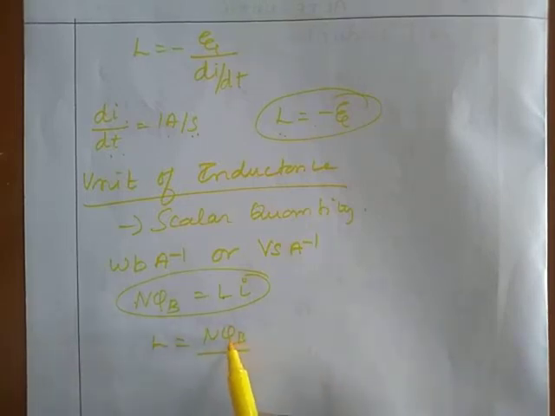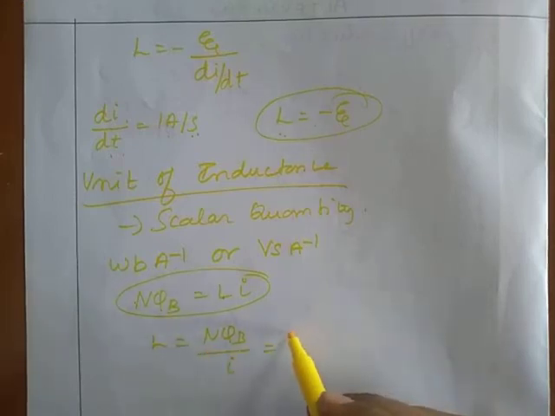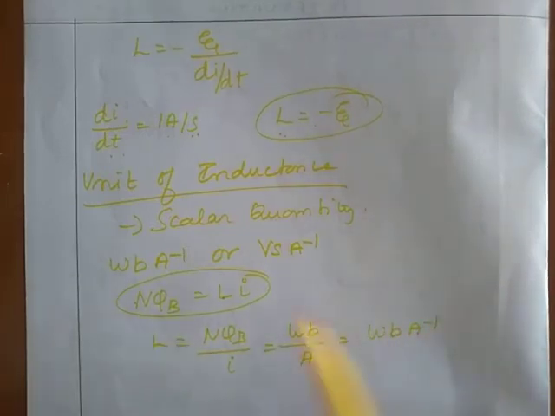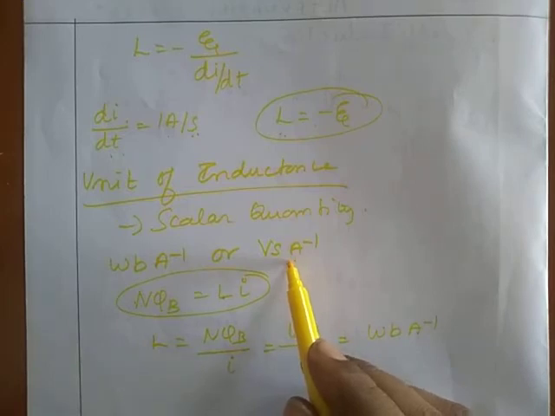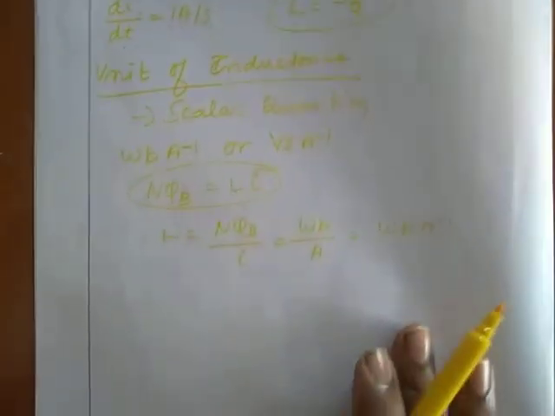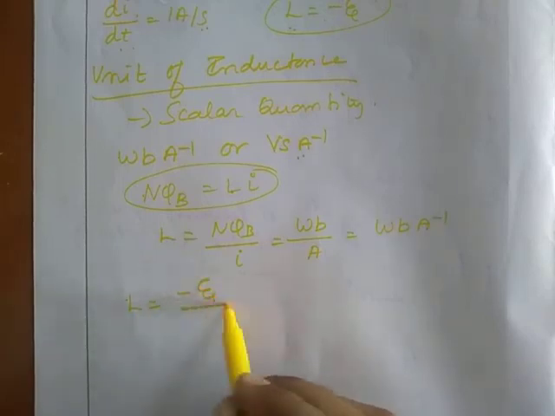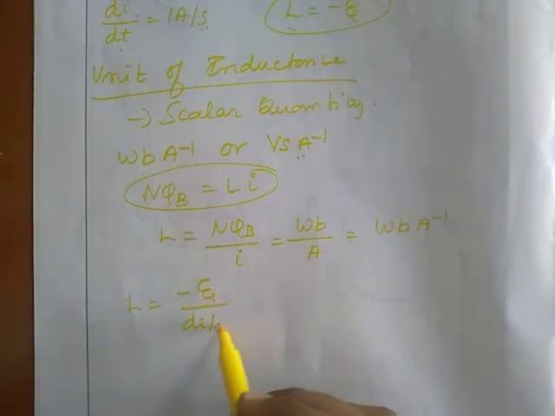Phi b is a flux. Flux can be written as number of turns, no unit. Unit of flux is Weber, unit of current is ampere. Then we can write Weber ampere power minus 1. For this unit we can also use the formula L is equal to minus psi by di by dt.